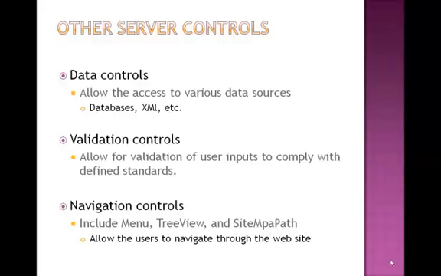The tree view control is basically a hierarchical display of the data that can be used to show the structure of your website, and this way users can get easy access to all the pages in the website. The menu control does exactly the same thing, or at least a similar thing, and it provides options for being a vertical menu or a horizontal menu.